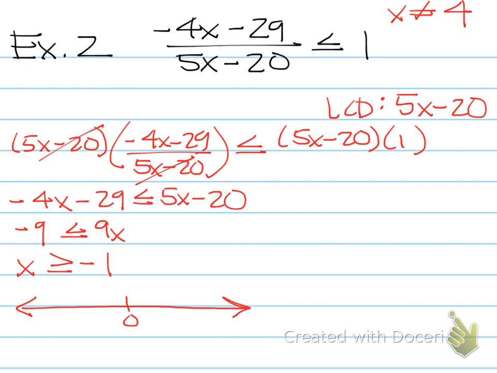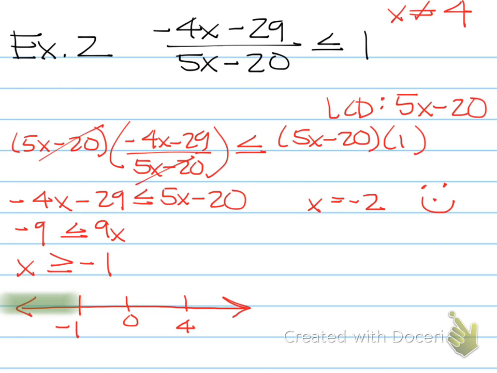Draw our number line. We should have markers at negative 1 and at 4. So we want to plug in values that are less than negative 1, between negative 1 and 4, and also greater than 4. So negative 2 is less than negative 1. When we plug that in, we do get a true statement.